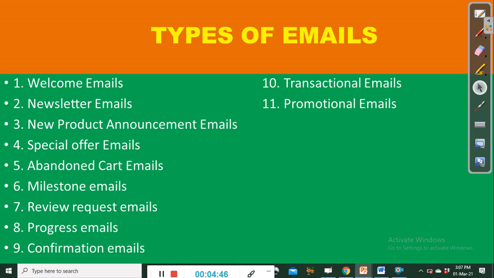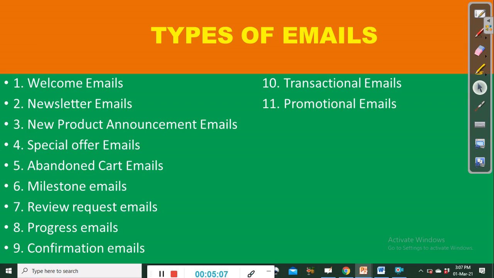Now let's look at types of emails. Today you may have heard about email marketing as a marketing strategy. The email is a very important component of many businesses today.